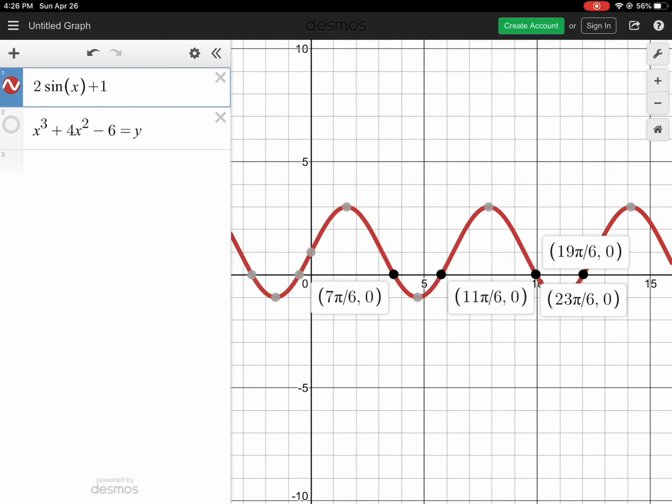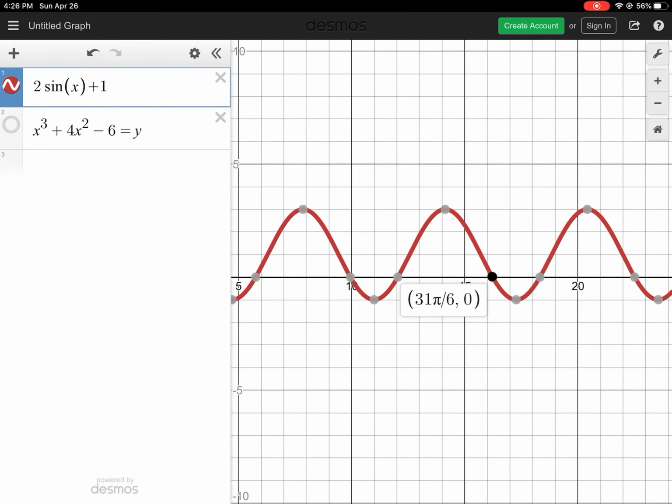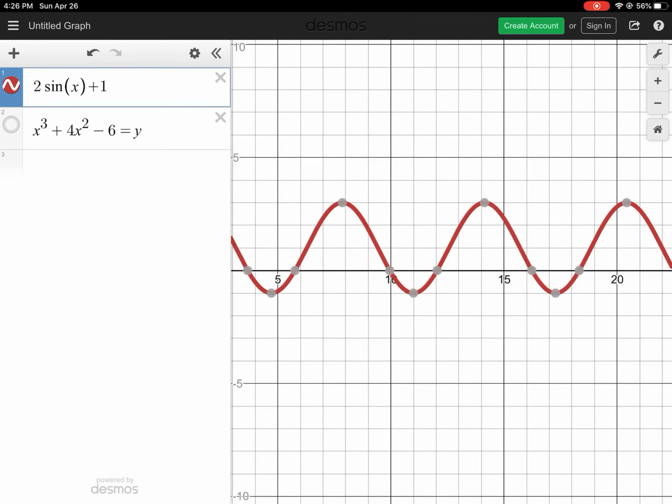So if you notice, from 7 pi over 6 to 19 pi over 6, they added 12 pi over 6. Well, 12 pi over 6 is the same as 2 pi, right? Same with 11 to 23, they added 12 pi over 6. If I continue, that is going to keep happening all the way along.